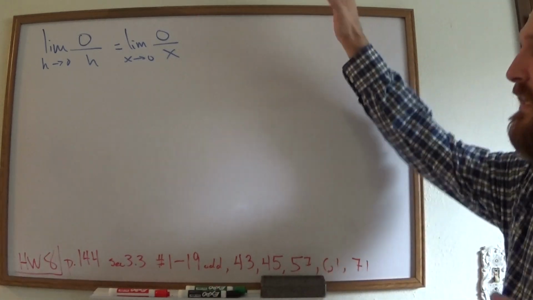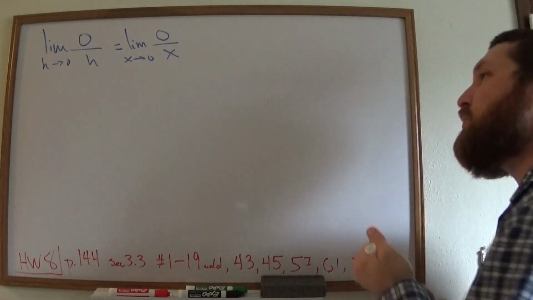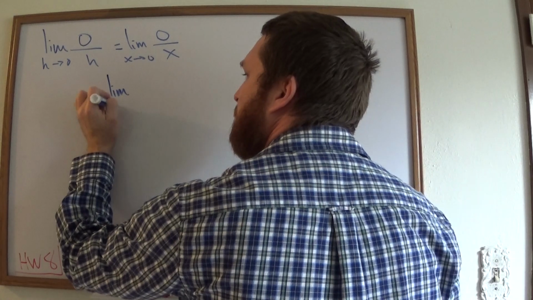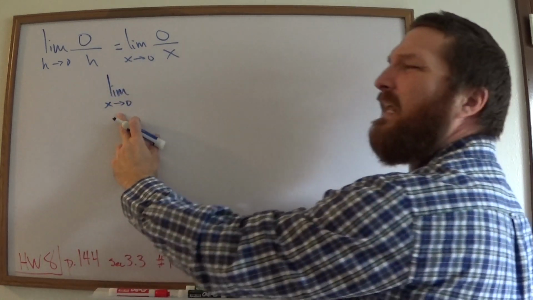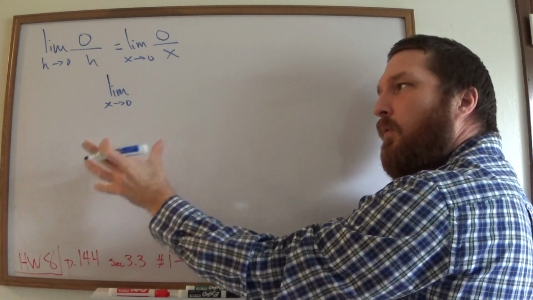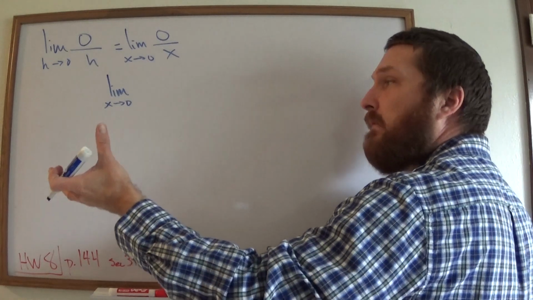Anytime you have a ratio in a limit, you could think about this as a limit going to any number. This could be a, but to make it easier on me, I'll make it 0. It doesn't have to be 0.